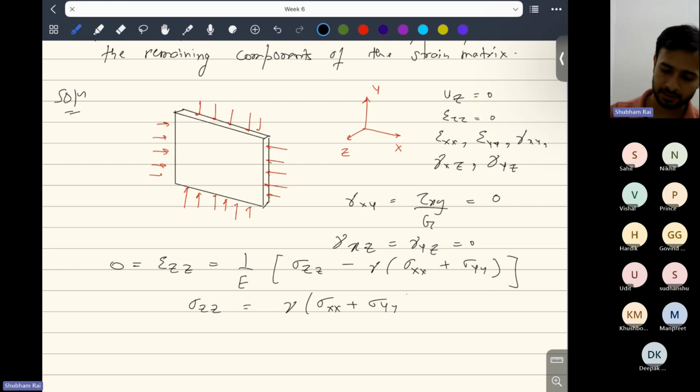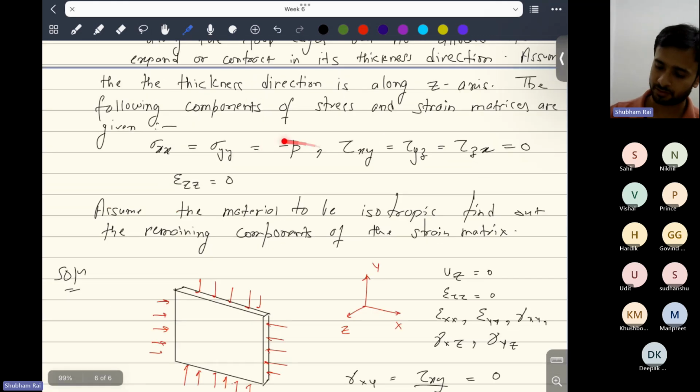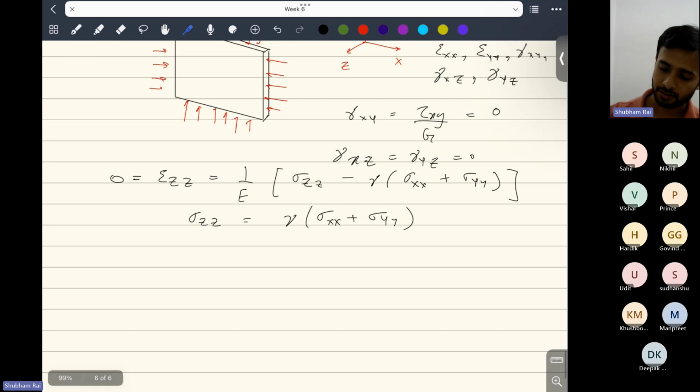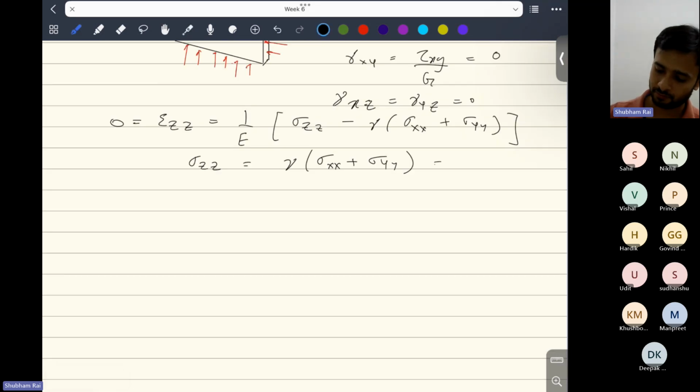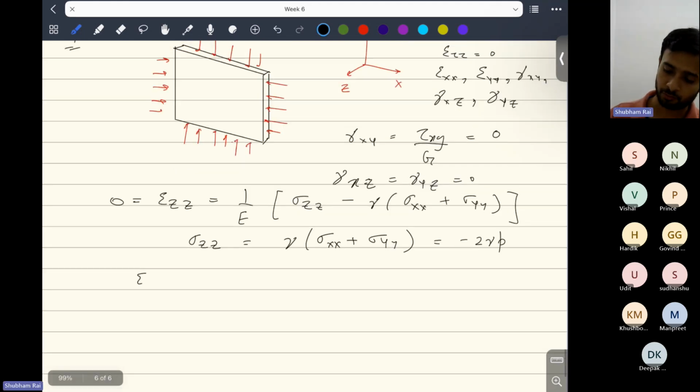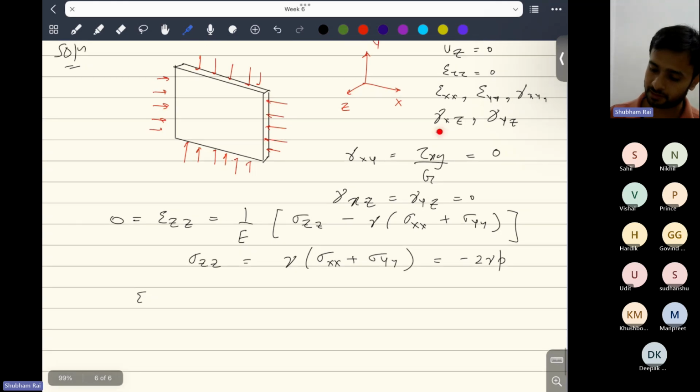And your sigma xx, obviously, if you see from here, is nothing but minus p, and sigma yy is also minus p. Here it is given to you, so it is negative of pressure. So we can say that from this expression, we have sigma zz equal to minus 2 mu p. Okay. So you have now your sigma zz also. Now you need to find out epsilon xx, because all the components you have found: gamma xz, gamma yz, gamma xy, and your epsilon zz is 0.